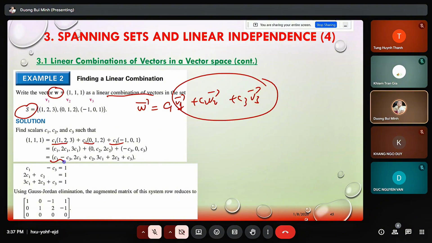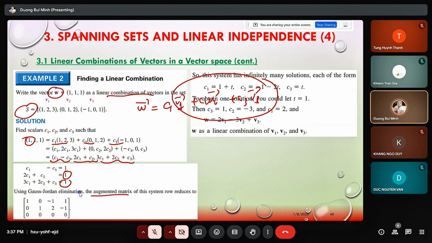You can get C1 minus C3 is 1, 2C1 plus C2 is 1 also. Then you can get the augmented matrix. In the augmented matrix, this column is for C1, this column for C2, and this column for C3.